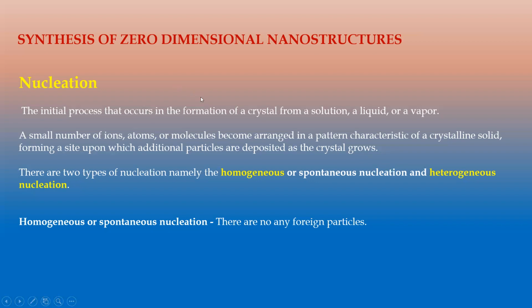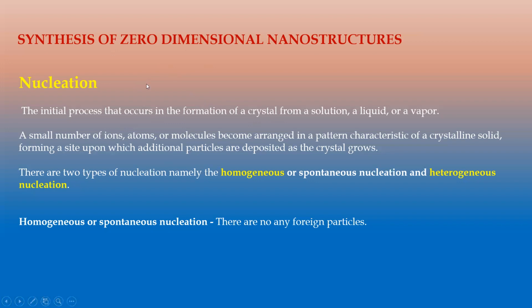So the nucleus is the first formed phase, and all other particles, atoms, or molecules aggregate onto this nucleus and undergo further growth, and the crystal is formed. The first step in the synthesis of a zero-dimensional nanomaterial or nanostructure is defined as the nucleation process.